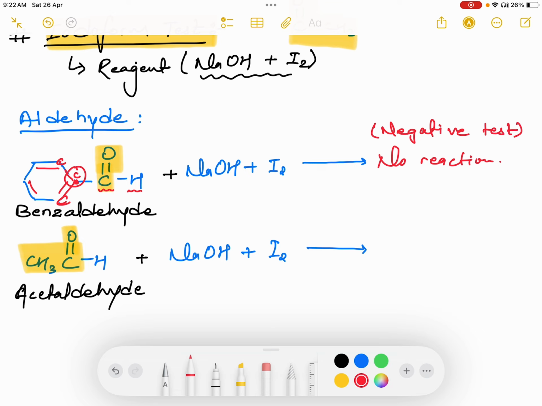But in the case of acetaldehyde, what I am going to show you is that this CH3 group is going to be converted into CHI3, which is what we call iodoform.